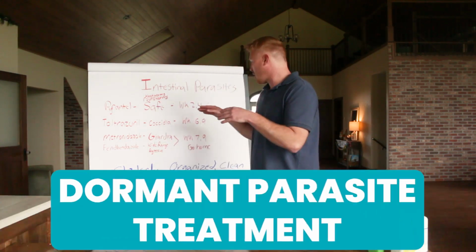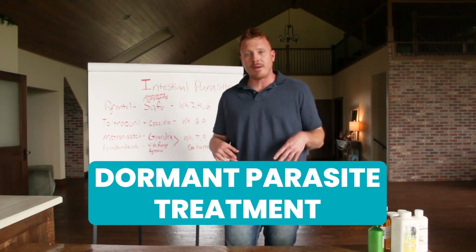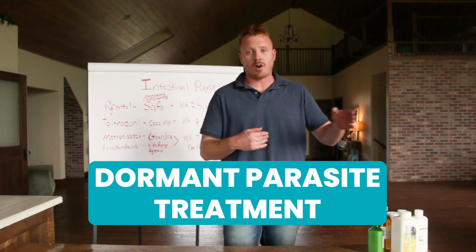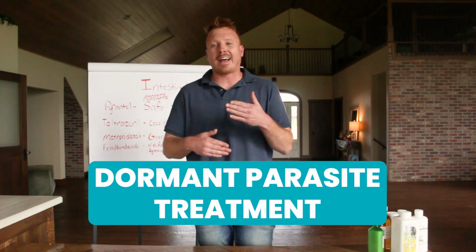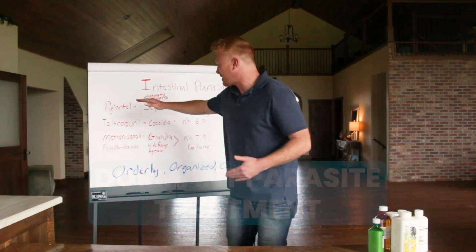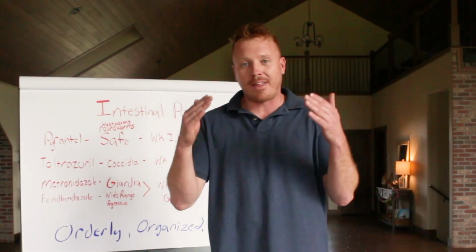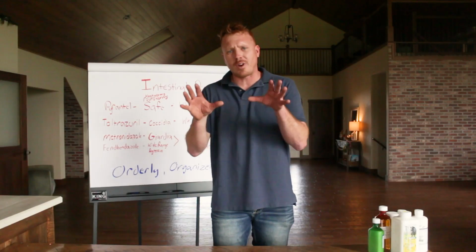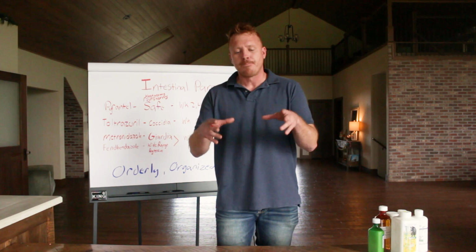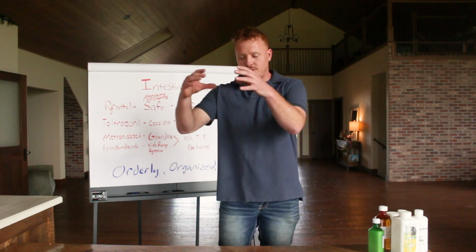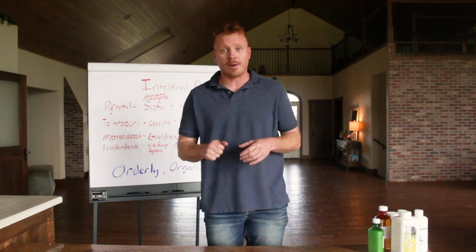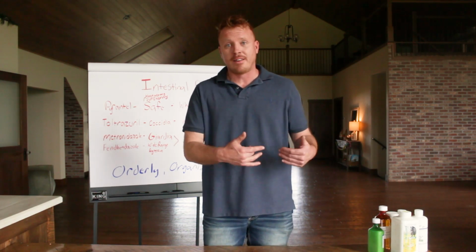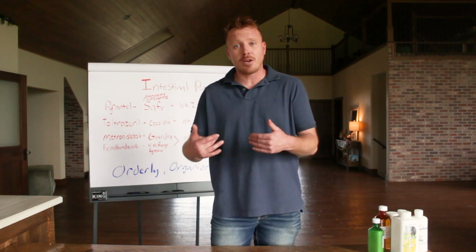One of the things that activates a parasite like Coccidia and Giardia is stress. One of the most stressful things that can happen to a puppy is going from our home to your home as an adopter, and that stress really activates a potential dormant parasite that could be in the intestinal tract.